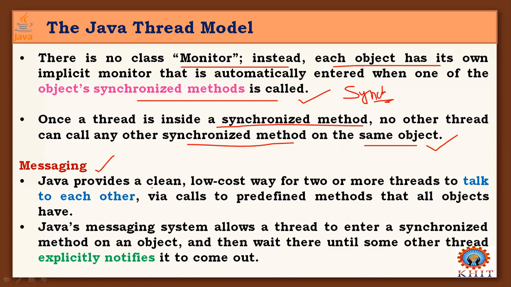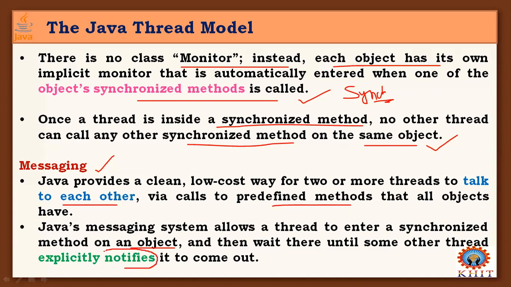Java provides a clean, low-cost way for two or more threads to talk with each other. So a messaging system is implemented during thread communication, and some predefined methods are designed for this process. The Java messaging system allows a thread to enter a synchronized method on an object and then wait there until some other thread explicitly notifies it to come out.